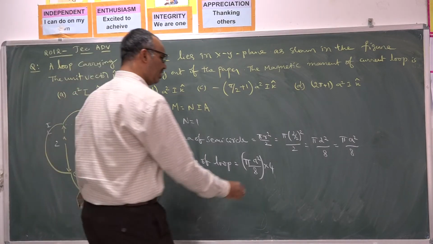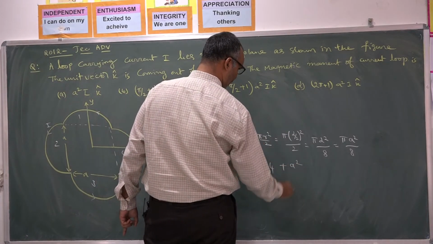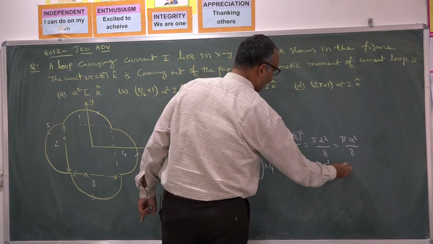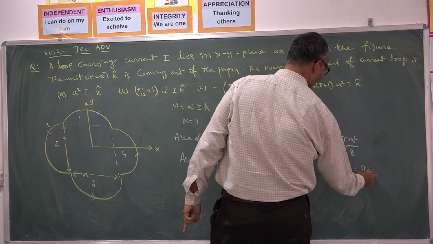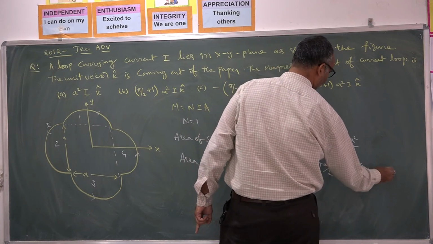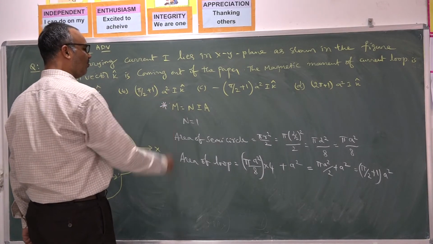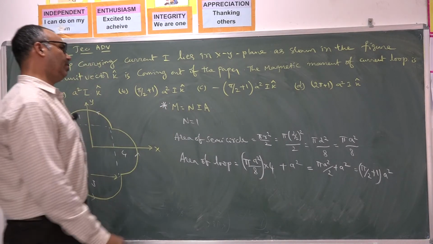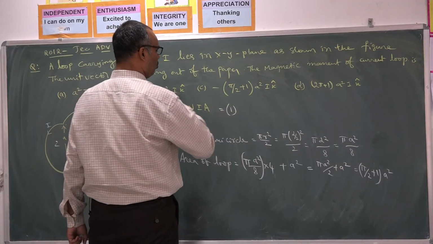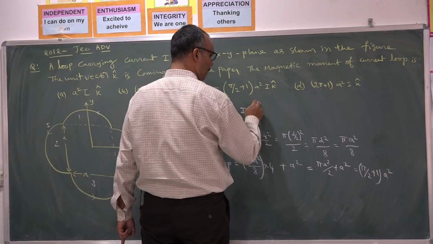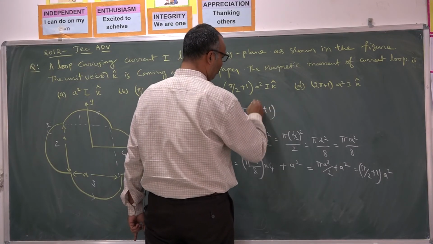Square area is side square, a square. It is pi a square by 2 plus a square, that is pi by 2 plus 1 into a square. By knowing this formula, magnetic moment is number of turns 1, strength of current I, area pi by 2 plus 1 into a square.